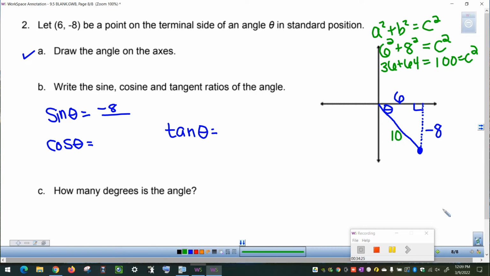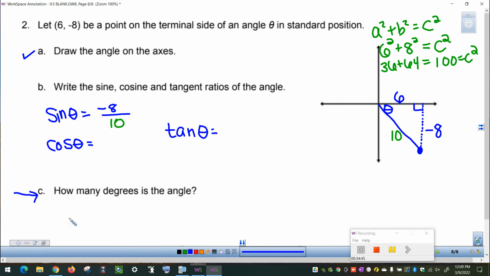And so that is really c squared. So if we square root both sides, we get that the third side length is 10. So that should help us out in getting the other two written out, and you can just keep it in the form of a fraction. So save those two for you, but let's take a look here at part C.